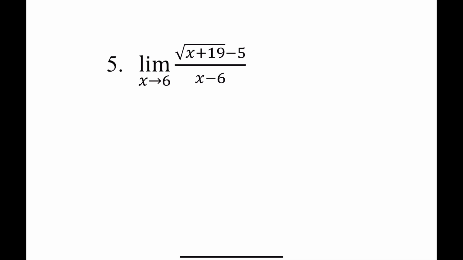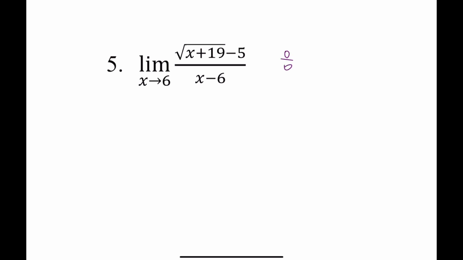Alright, so for this example, we're going to be using something called a conjugate pair. That's because we have a limit as x approaches a certain value of a radical, and we can try to cancel the radical out to simplify. First, plugging 6 into the equation, you're going to get 0 over 0, right?